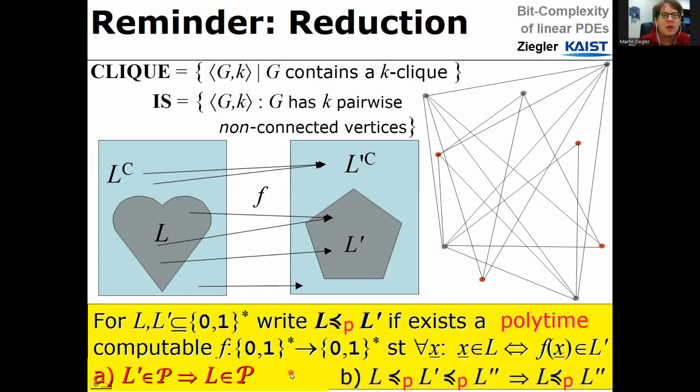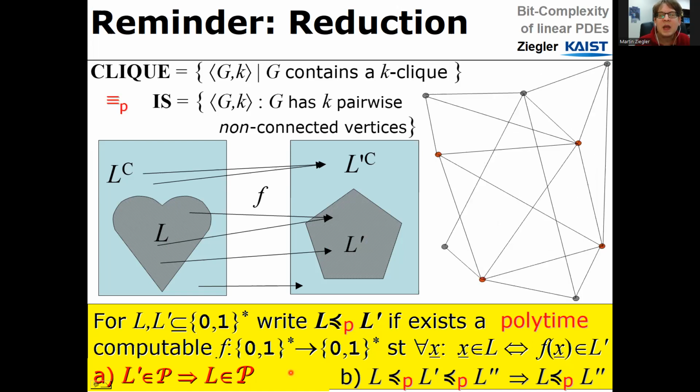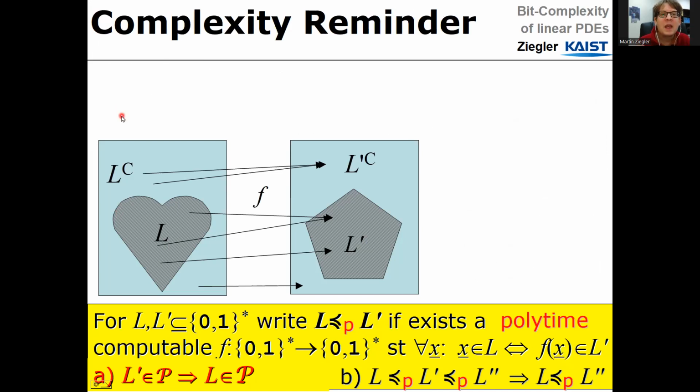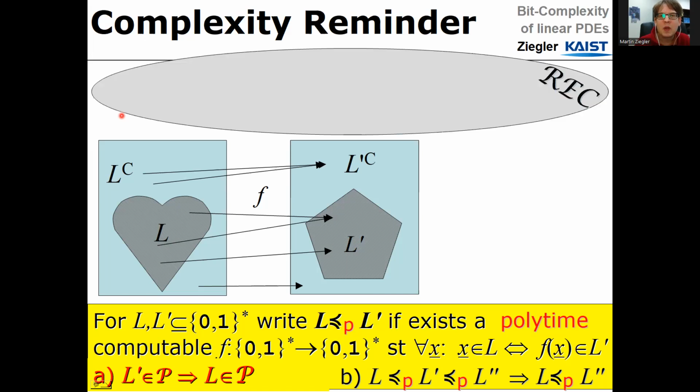So this is a foundation of discrete computational complexity, and it has identified that these two are equivalent up to polynomial time, and there are many more problems that have been established to be equivalent up to polynomial time to these two problems, and this gives rise to this famous complexity class NP.